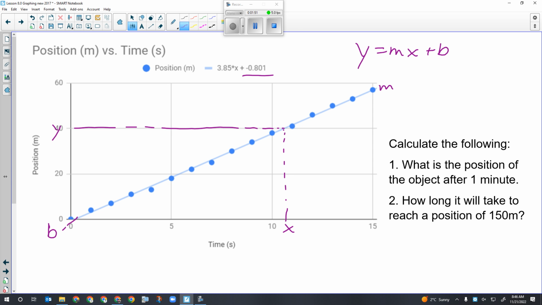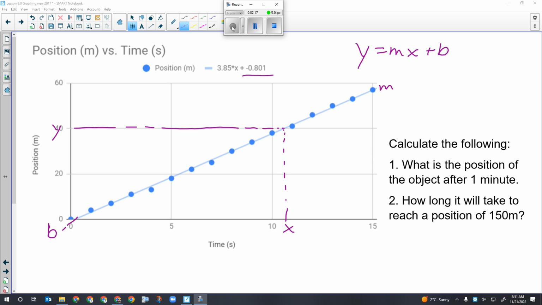I would like you to see if you can solve questions 1 and 2. All you need is the equation and whatever information the question gives. I'll give you a couple minutes, and then we'll go through them together as a review. Then we're going to look at how we plot data that has multiple sets on the same graph, because that's what we're going to need to do tomorrow.